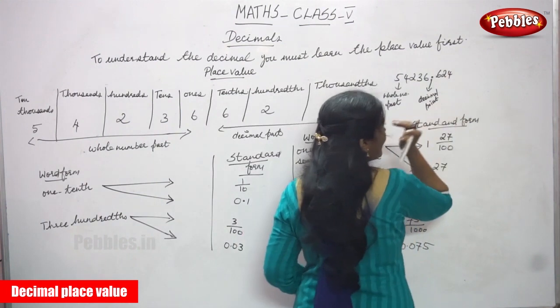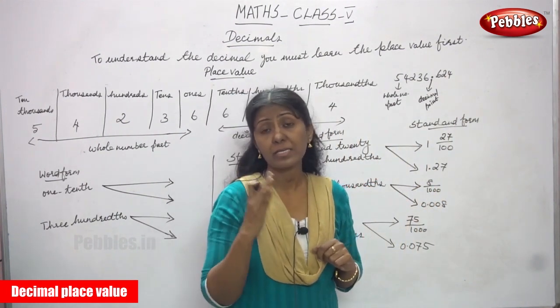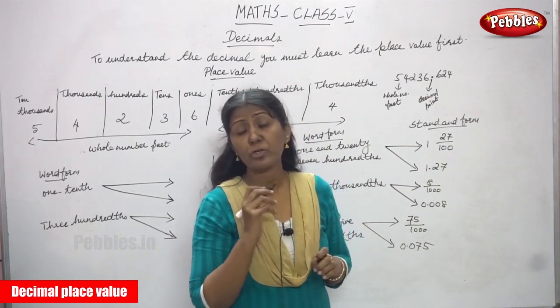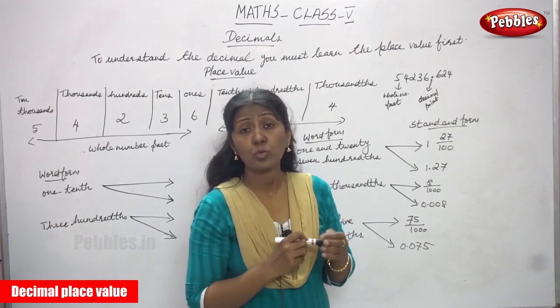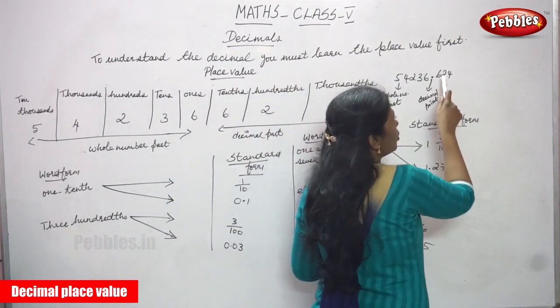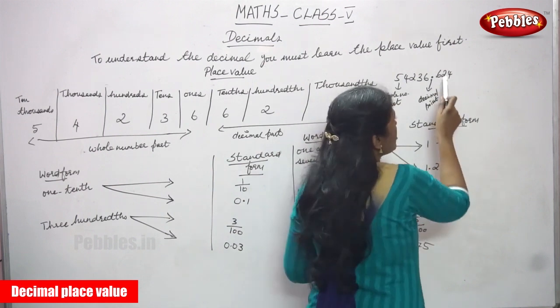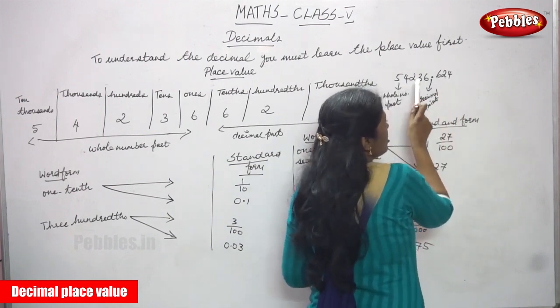You should not say 624. After the point, that is, after the decimal point, you should not say 624. You must say 6, 2, 4. That is, 6 tenths, 2 hundredths and 4 thousandths.